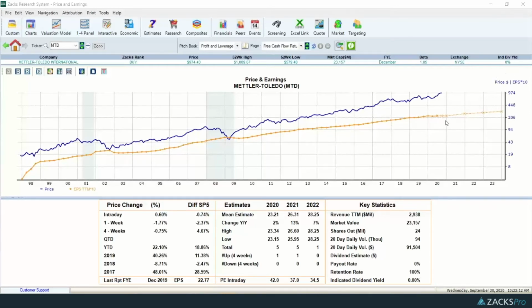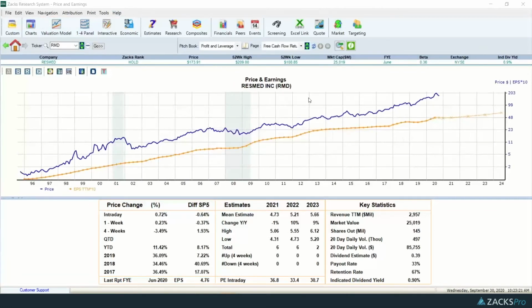They pay no dividend, but this trend rate in growth for their laboratory type equipment is just phenomenal. And then obviously ResMed, who's doing a lot in the space of wearable medical technology, everything from heart monitors to glucose monitoring, and I think they're even doing stuff now with sleep apnea. There's just a lot of good things going on over at ResMed.